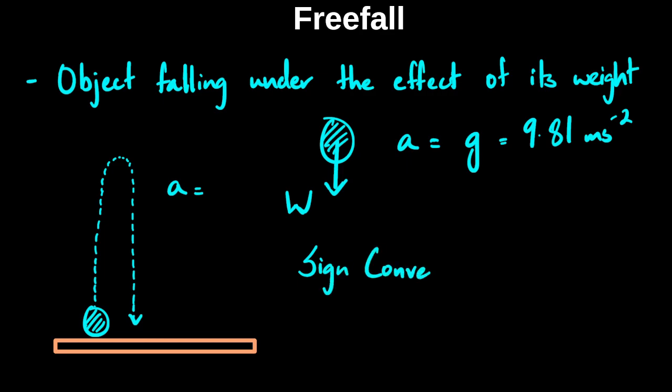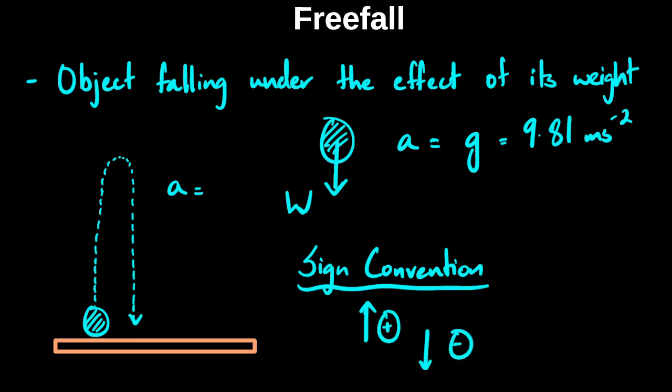A sign convention is where we specify a direction, and we take vectors in one direction to be positive and vectors in the opposite direction to be negative. For example, I can say that vectors directed upwards are positive and vectors directed downwards are negative.